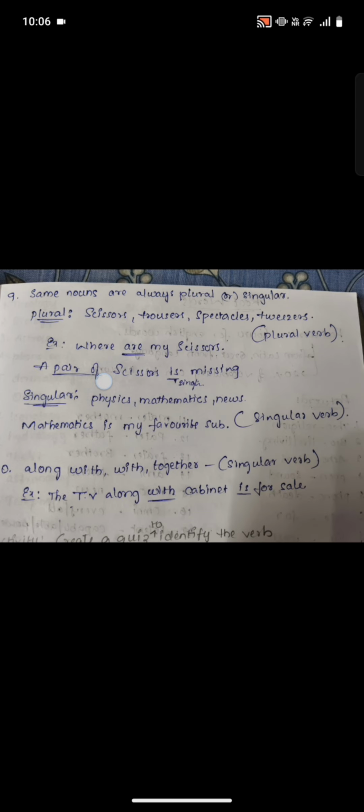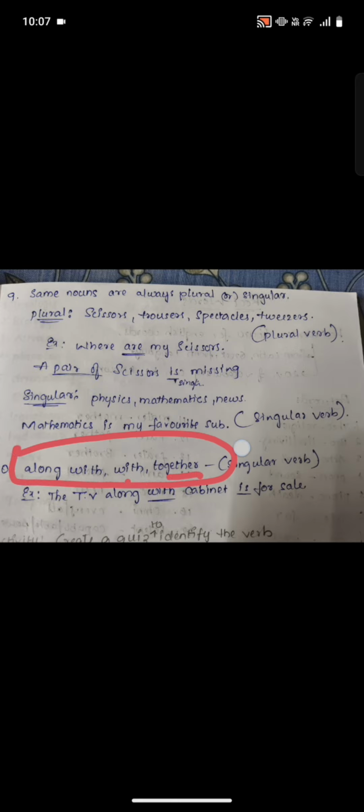If we get "a pair", we have to use singular, and if we didn't mention any pair, we have to take it as a plural form. For singular, if we get a subject like physics, maths, news, these are singular forms. Like "Maths is my favorite subject." See here, for "maths" we used "is", so we have to use a singular form.